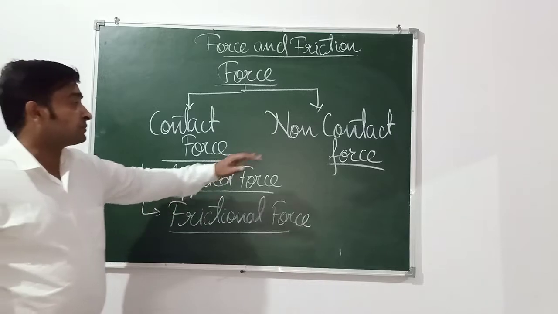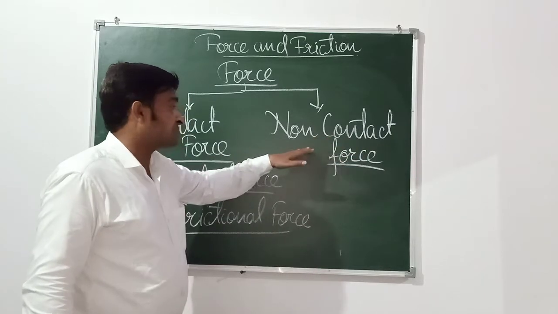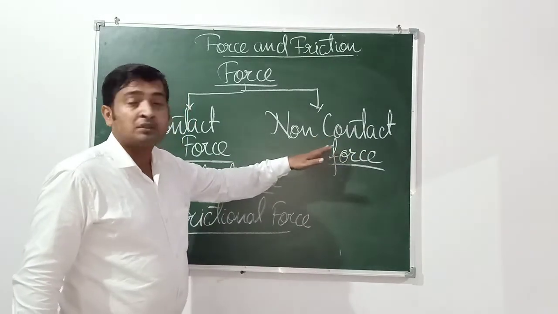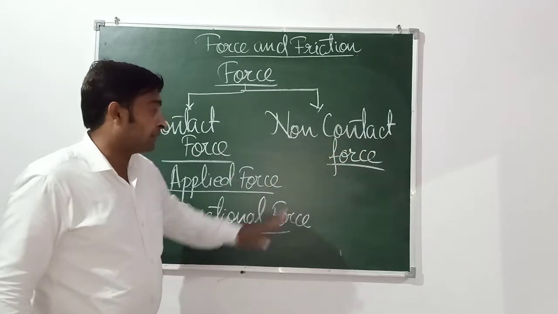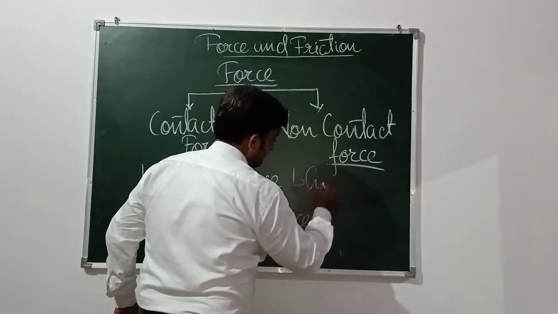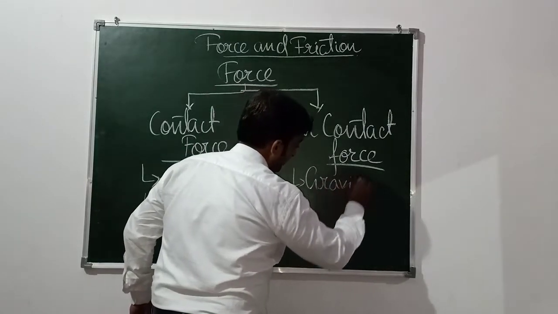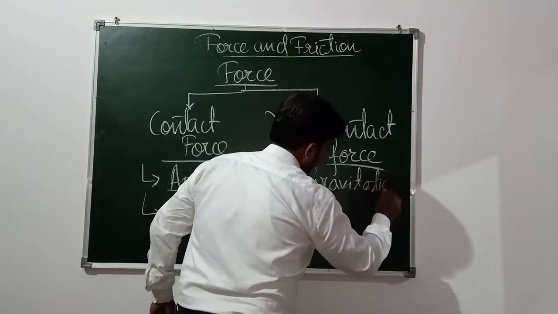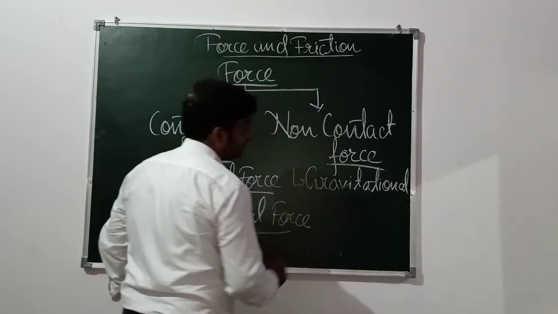Now let us discuss what are the non-contact forces. These are the forces, as I told you, there is no need for having any contact. For example, number 1 is gravitational force.